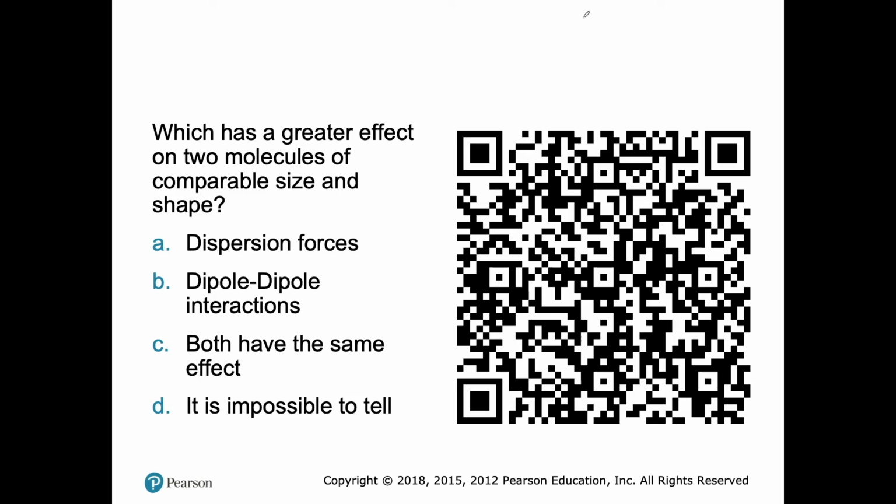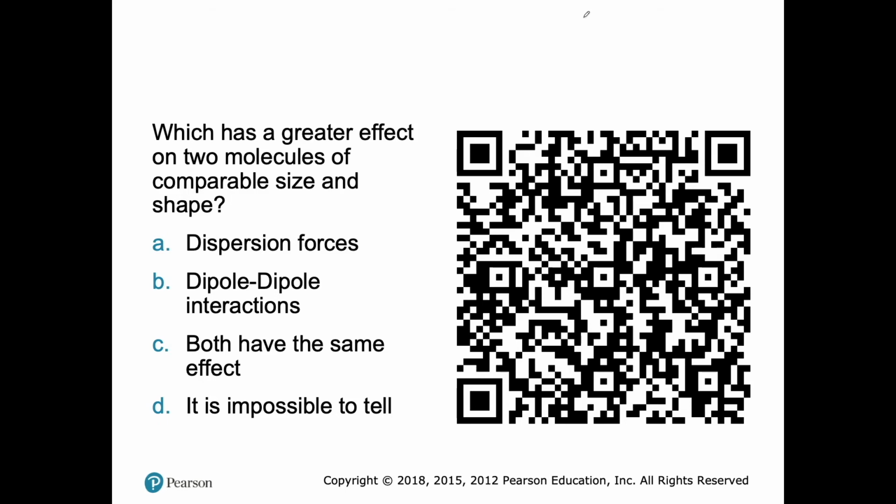Okay, so that's the thing you need to remember. If you can't find it in my notes right now, write it down right now. If two molecules are comparable size and shape, dipole-dipole interactions will likely be the dominating force. It's already in your notes somewhere, but you can write it down again.